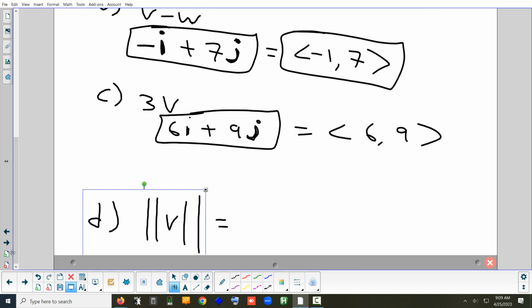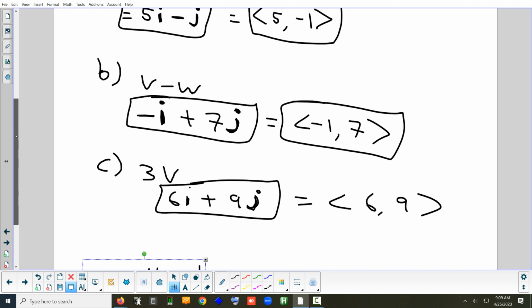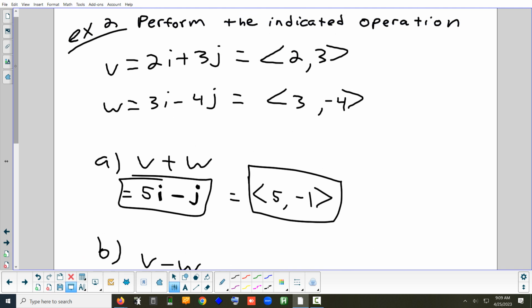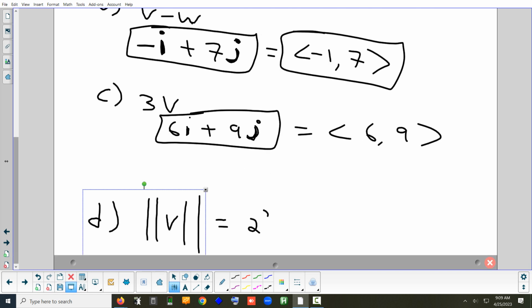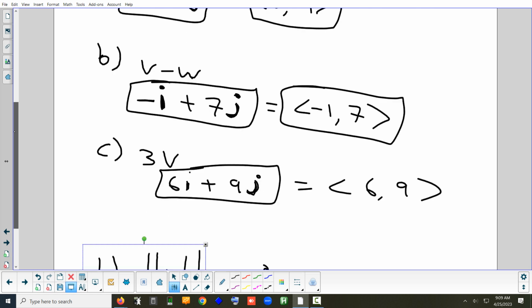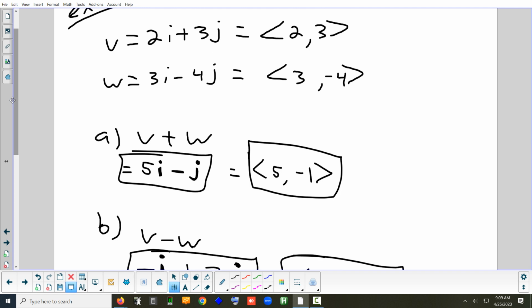And we are doing this for v. So you do not need w. When I say x component, I mean horizontal. What's the horizontal component of v? Yep, 2. And I'm going to square it. What's the vertical component of v? 3. I'm going to square it.